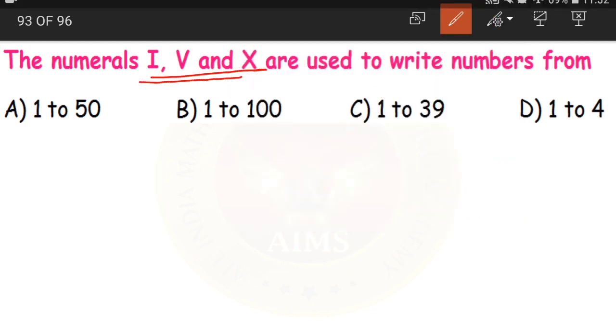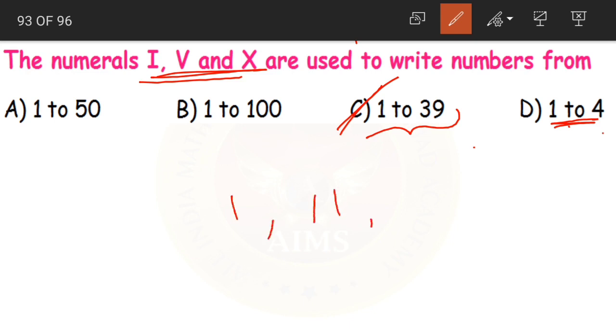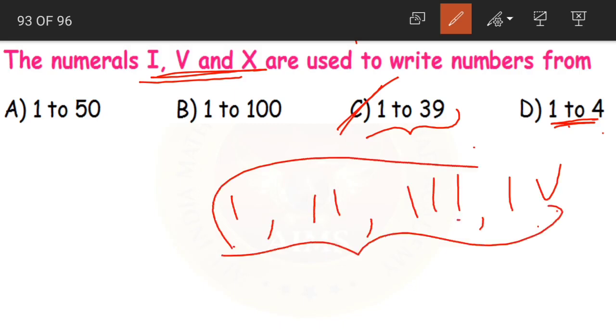Only by using these three Roman numerals, I, V and X, we can write numbers from 1 to 39. When we look at option D, 1 to 4 is also somewhat correct. This is 1, 2, 3, 4. This is also correct.